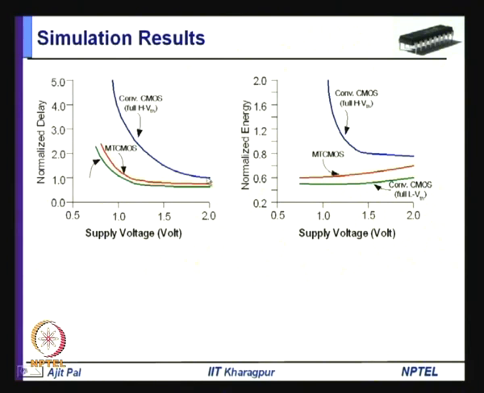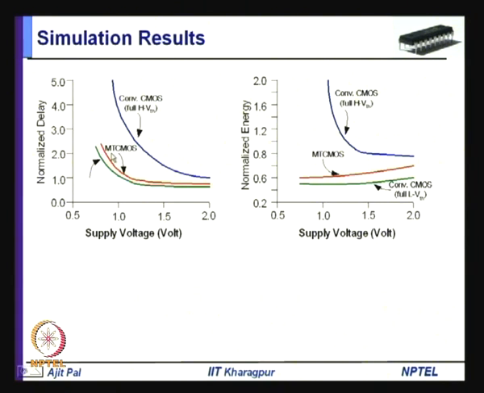As you know, when the circuit is realized by using high VT transistors, the delay will be longer, and as a consequence you get normalized delay higher. On the other hand, you can see when the circuit is realized by using only low VT transistors, this is the curve, the green line corresponds to all the circuits realized by using low VT transistors. So, you get much smaller delay.